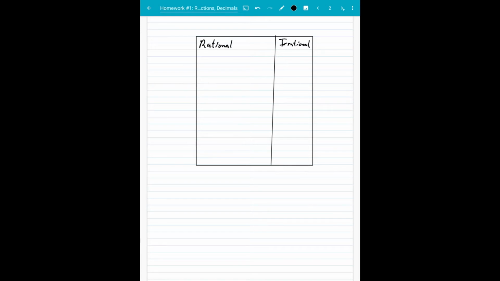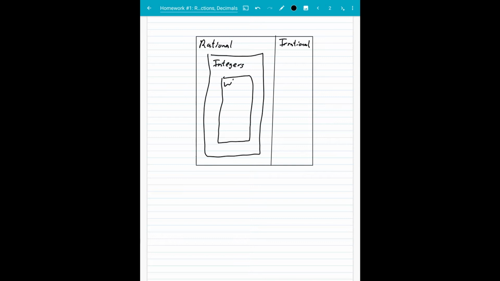Rational numbers also happen to be, me drawing a square this time, integers. And integers, not all integers, but all whole numbers happen to be integers. And then all natural numbers happen to be whole numbers. So you can see natural numbers are also whole, integers, and rational numbers.